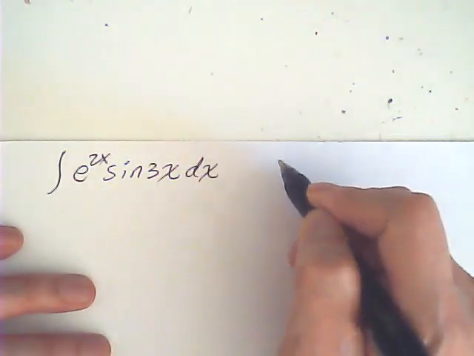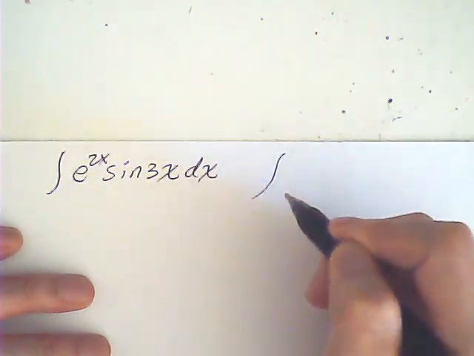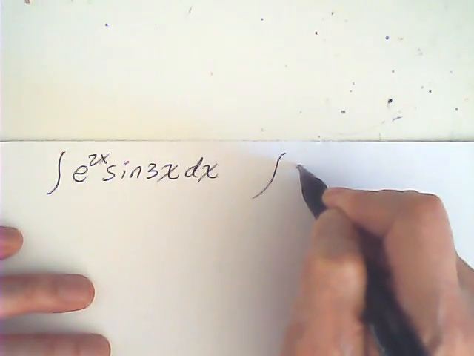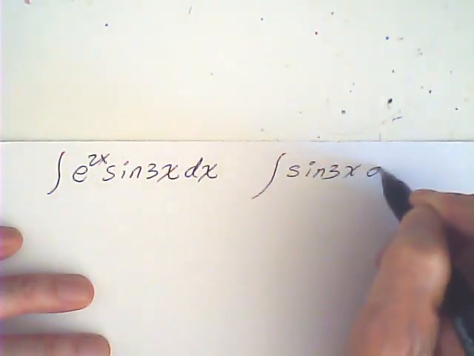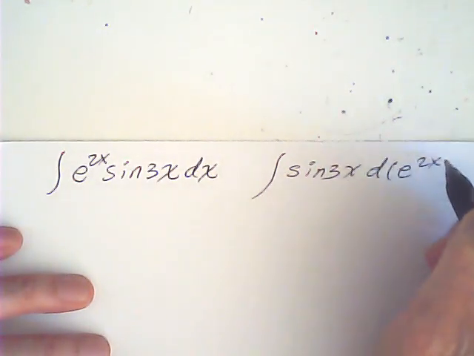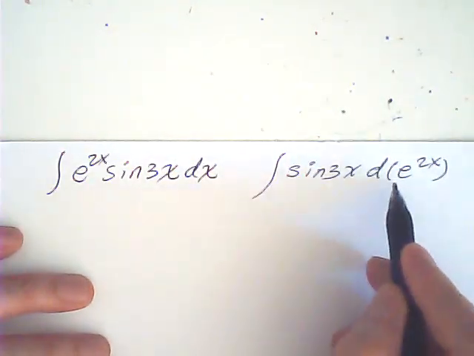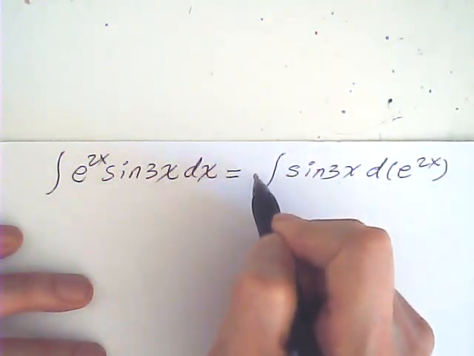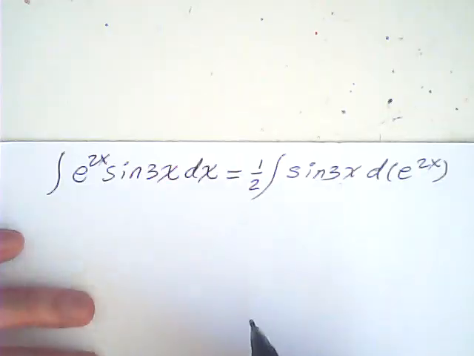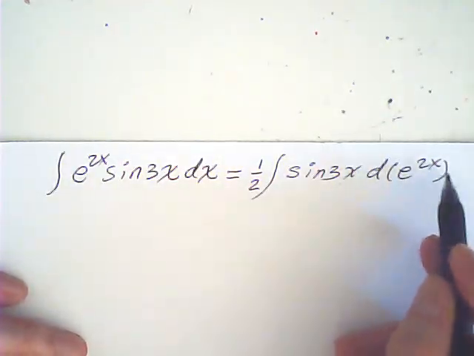I write this one as a sine 3x and the d e to the 2x, which means that this is u, this is dv, right? By doing so, I maintain the equal sign. I must multiply by half because this one has a 2 dx.